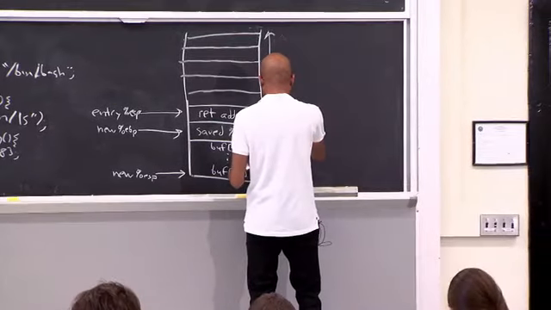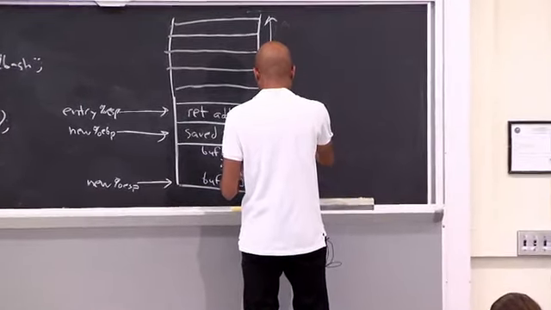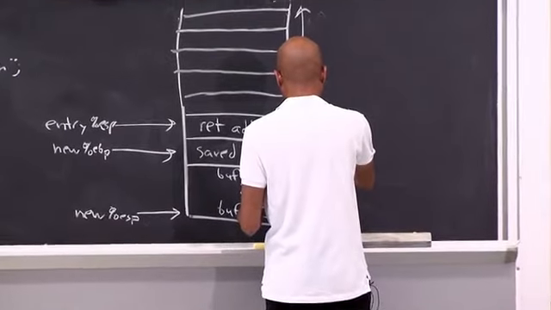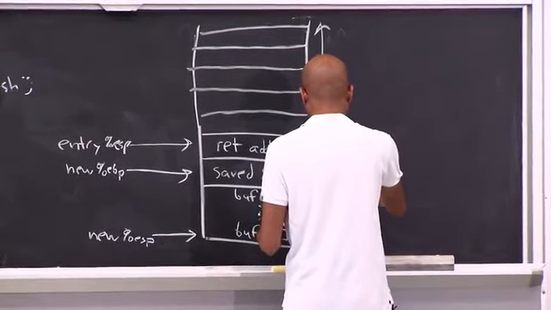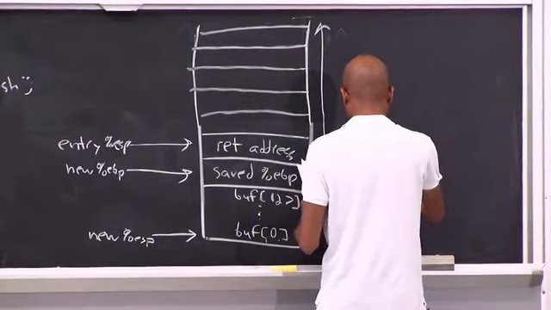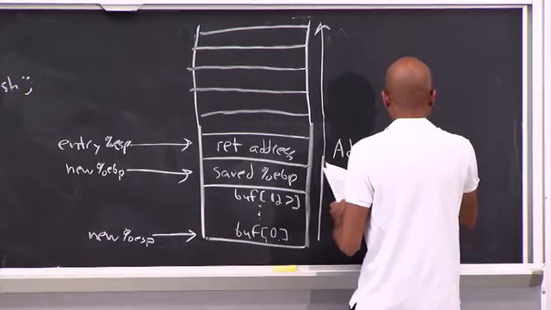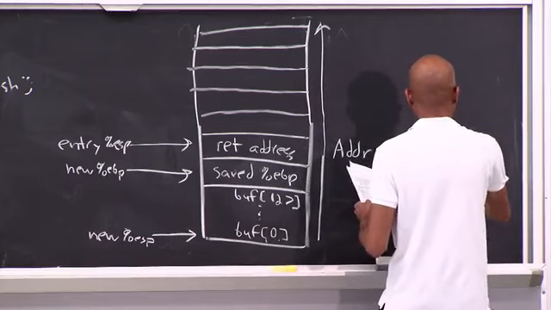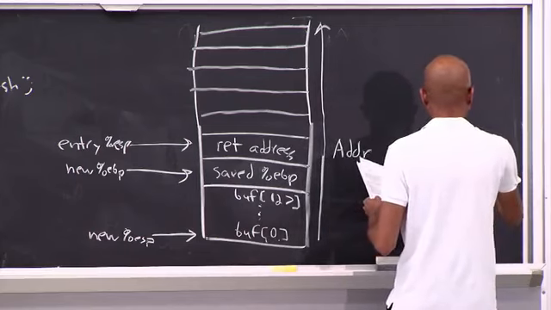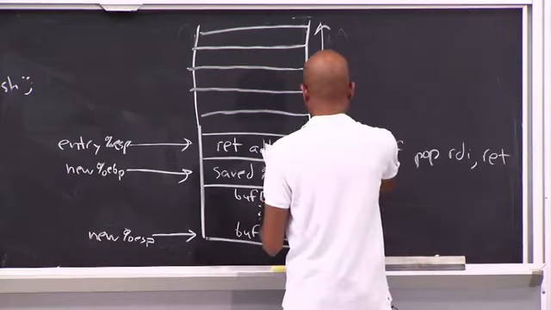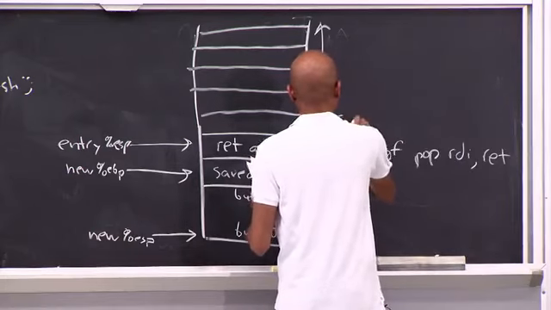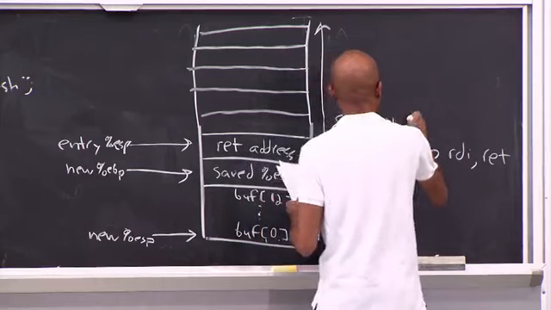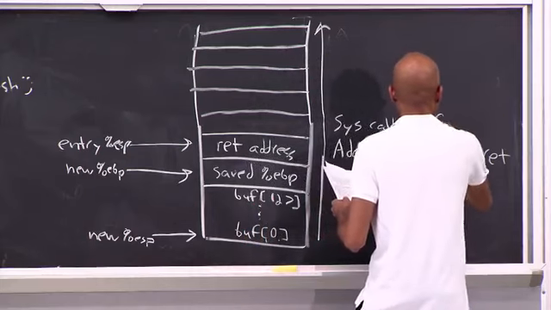So here for the return address, we'll put the following. So let's say we have one gadget that pops the RDI register, then does a ret. And then up here, we'll put the syscall number for pause.